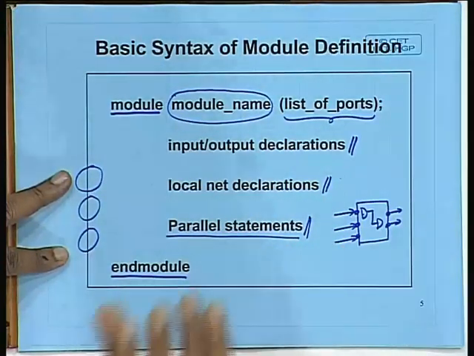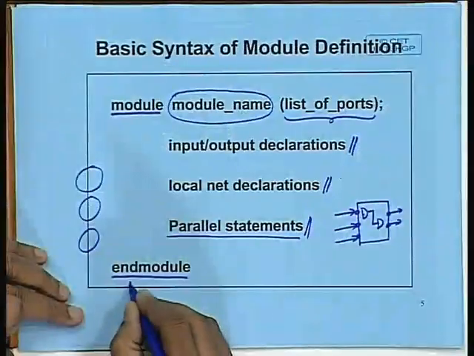If you have several hardware blocks, computation will obviously go on in parallel, unless they are interconnected in cascade or there is some clock driving them. If there is no such thing, all the computation will go on in parallel. If there is an AND gate and an OR gate, they will evaluate together.